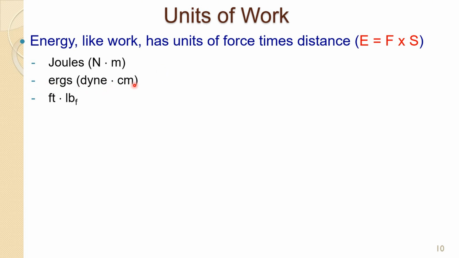Dyne times centimeter is the erg, in the CGS system. And pound-force times feet is used in the American engineering system. So the unit of work is the same as the unit of energy in the SI, CGS, and American engineering systems.